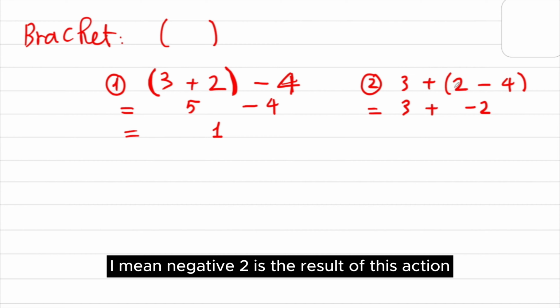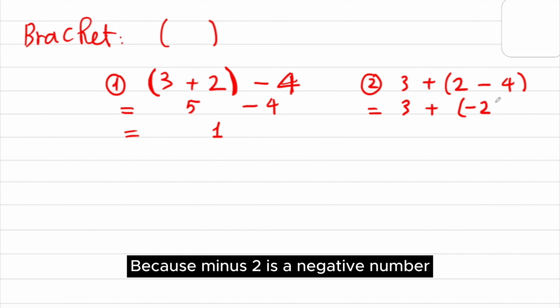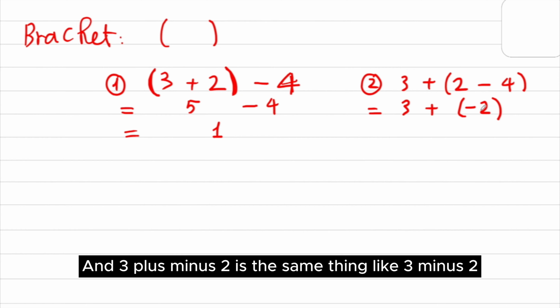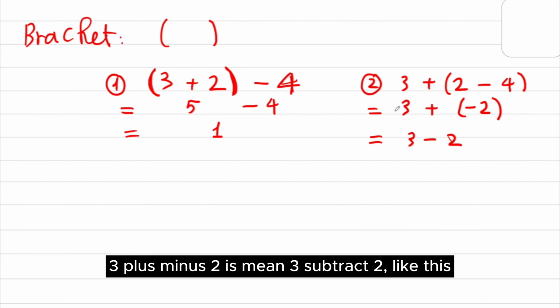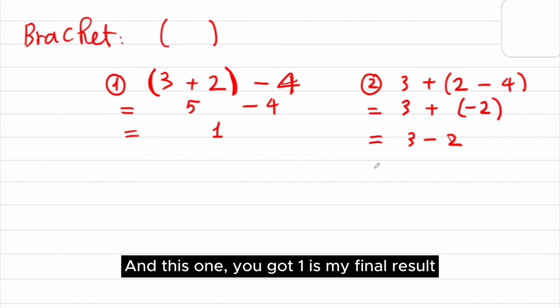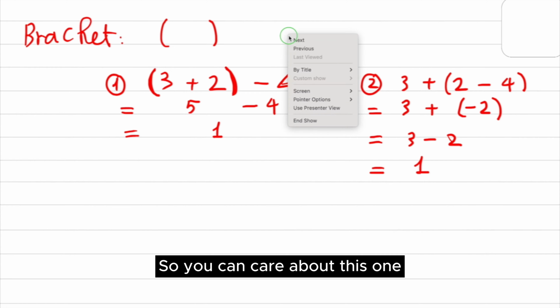Because minus 2 is a negative number, I put it inside the bracket like this. And 3 plus minus 2 is the same thing as 3 minus 2. 3 plus minus 2 means 3 subtract 2, and you get 1 as my final result.